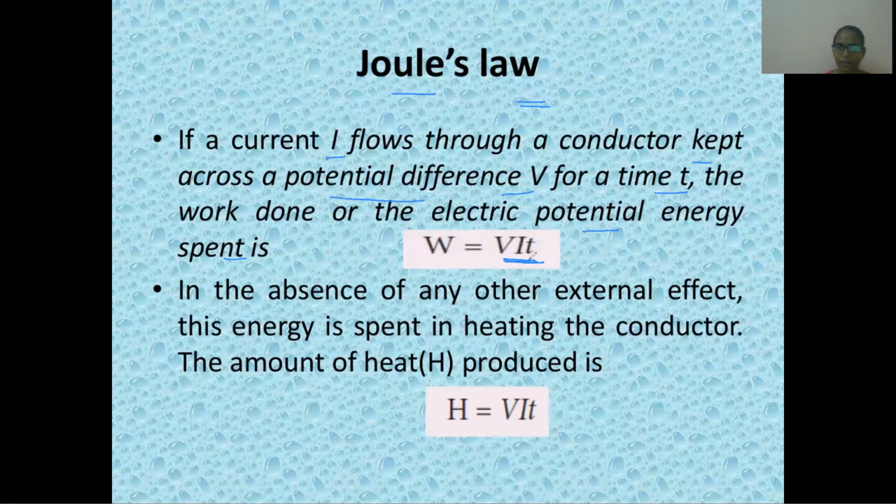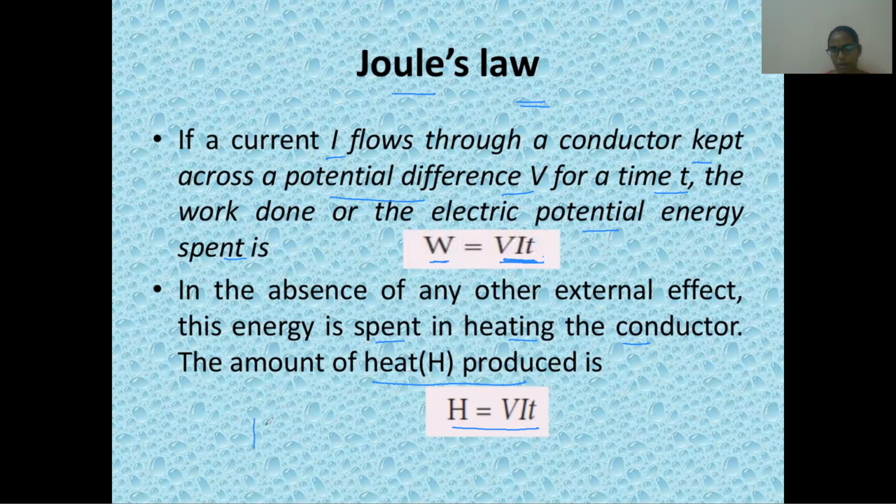So VIt is the potential times current times time. The work done is equal to VIt. In the absence of any external effect, the energy spent to do this work is equal to the heating of the conductor. The amount of heat produced H is equal to VIt.